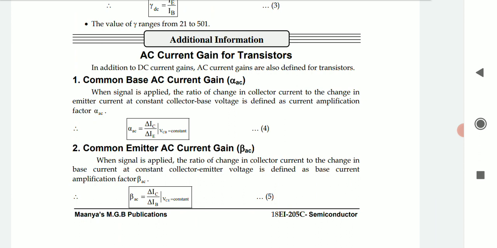So alpha AC is equal to delta IC by delta IE when VCB is constant. When the output voltage is constant, the ratio of change in output current to the change in input current, that is IC by IE. Generally this value can be taken from the graph of the output characteristic curve of CB.